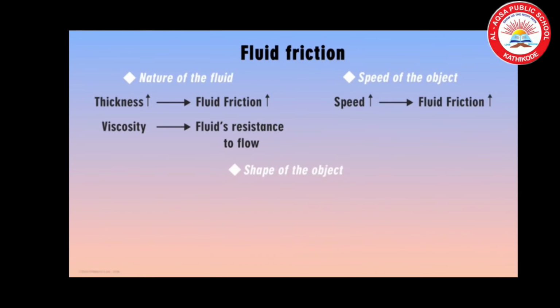And there is another factor that fluid friction depends on. It is the shape of the object. Have you ever thought about the shape of the aeroplane? Why is its shape like that, like a fish or like a bird?